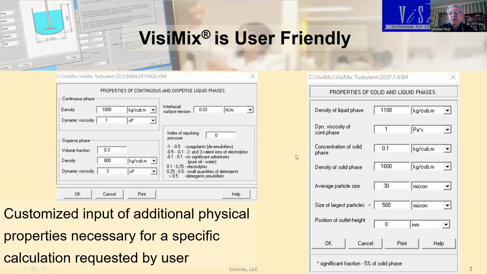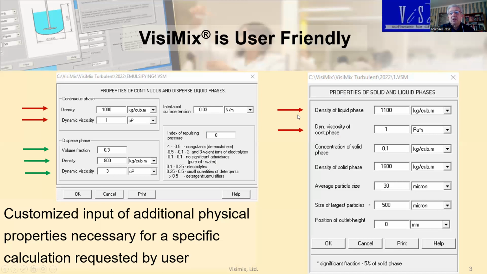And on the right, we see properties of solid and liquid phases. And we can see now that there are some differences. On the left, we have some basic properties marked with red arrows, and some specific properties for this particular calculation marked with green.